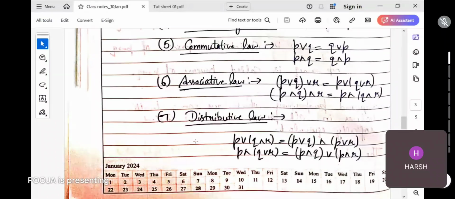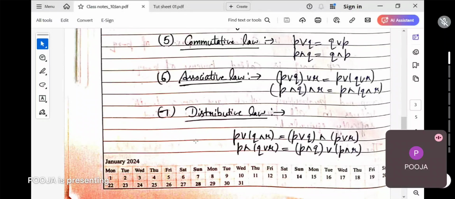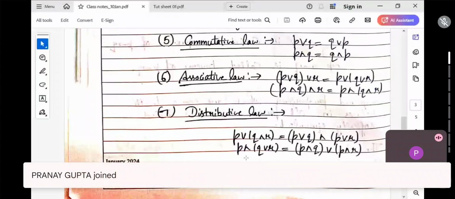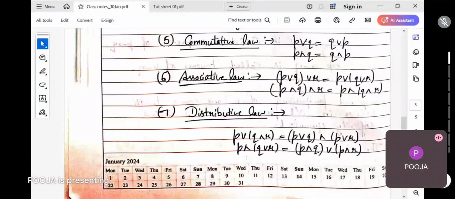Okay, ma'am. The seventh one is the distributive law. Distributive means one operation is distributing over the other operation. We have two operations, conjunction and disjunction. So disjunction is distributing over conjunction, and in the same way conjunction is distributing over disjunction. In the same way we used to study with plus and dot: plus is distributing over dot, and dot is distributing over plus.